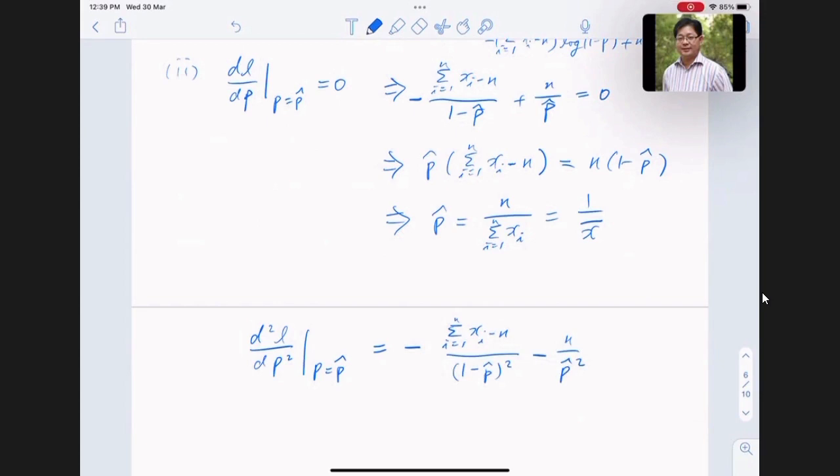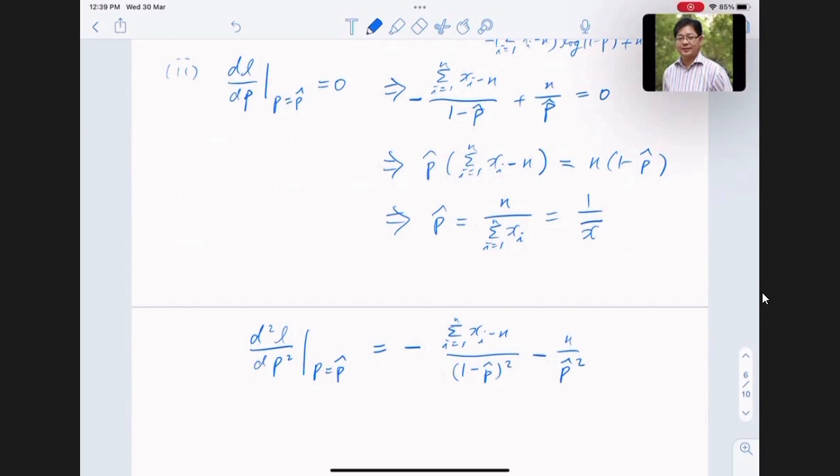A lot of the quantities here are positive, and because both terms have a negative sign, like n must be negative, the square must be negative. So the question is only on this numerator, the sum of x minus n, whether it is positive or negative.